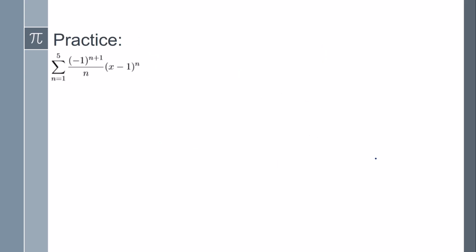Now, these could also be algebraic expressions, and that's okay. In this instance, it's going to be an algebraic expression, no big deal. So we're starting at 1, we're ending at 5, and we are going to add them together.